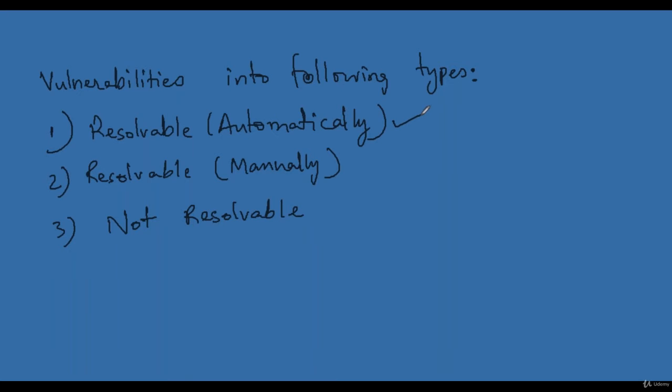In this vulnerability type, ASM can apply the actions to mitigate the vulnerability without any administrative intervention. You don't need to do anything.